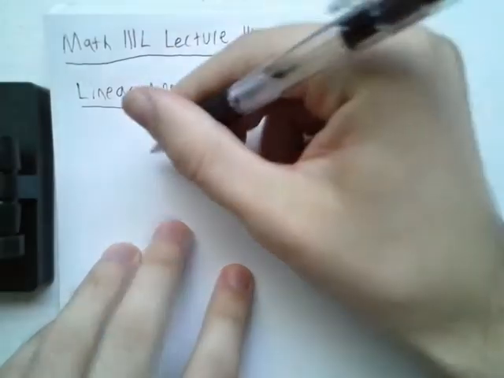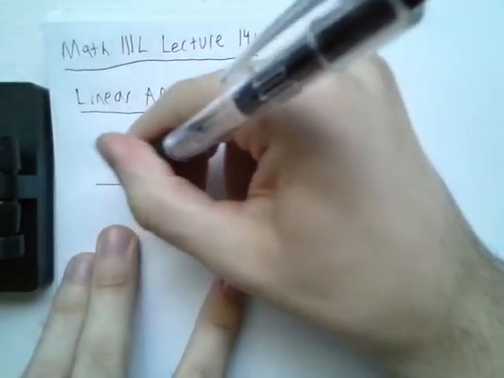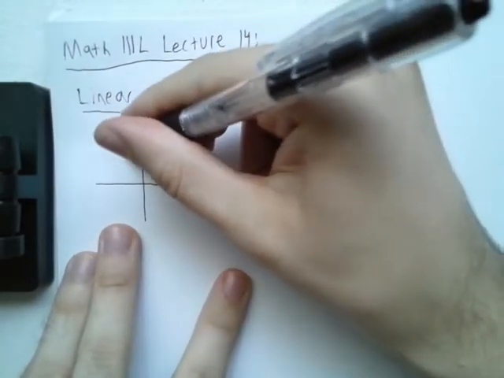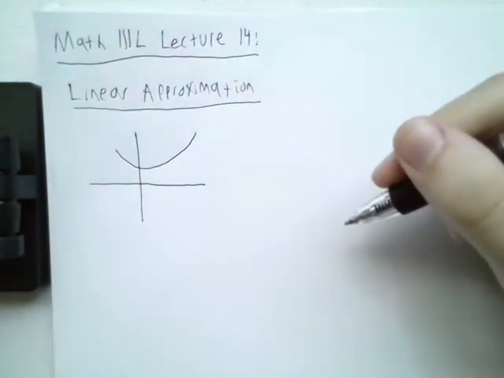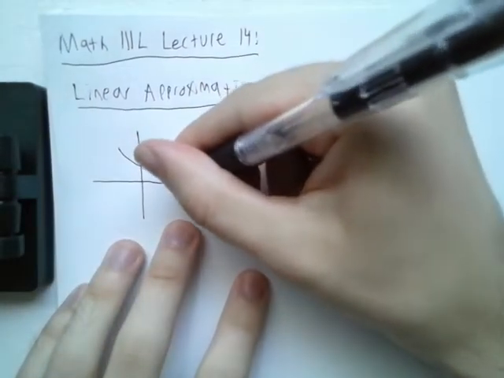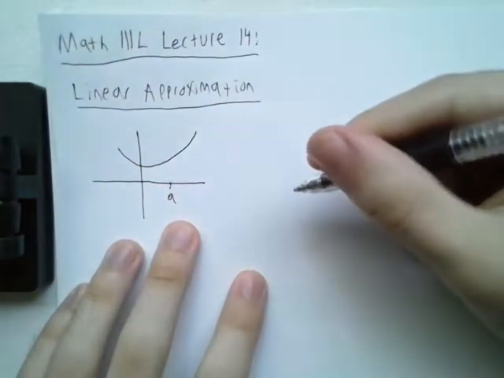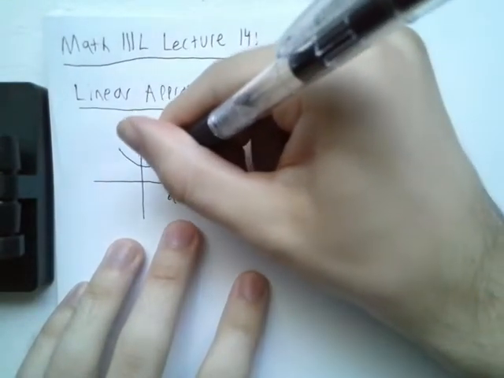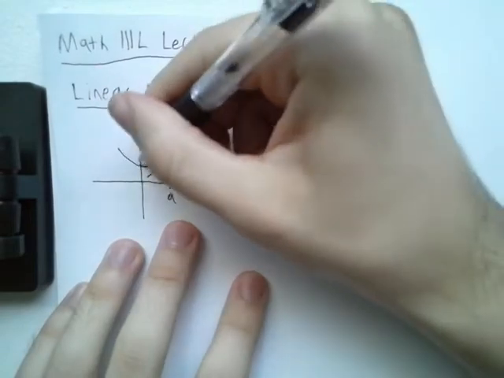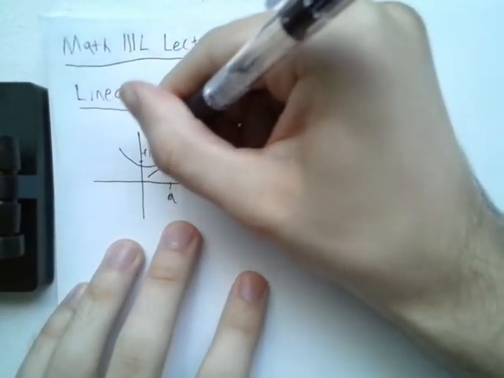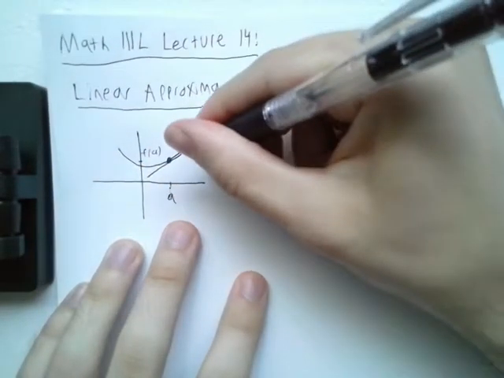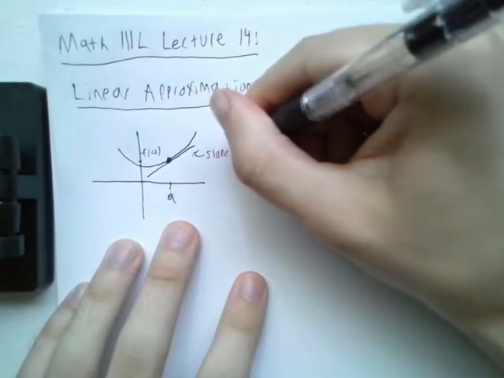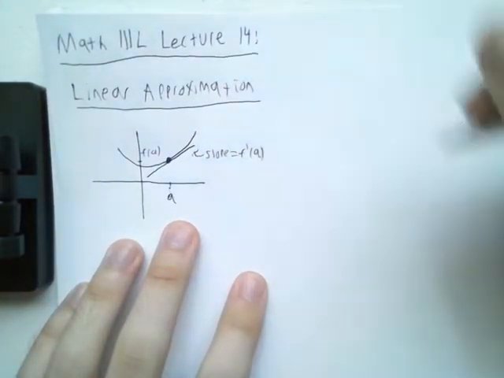So the idea is that if we have some differentiable function like this, then at any point A, we know how to find the tangent line of the function. The point on the line here is a comma f of a, and the slope of this line is f prime of a.